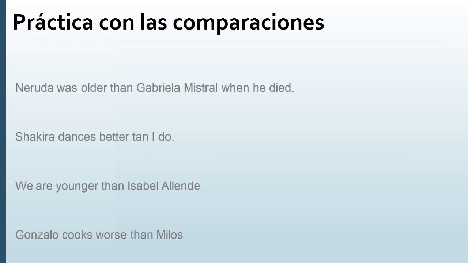So, Neruda era mayor que Gabriela Mistral cuando murió. Okay, so here you can see there is no más o menos. We just use this adjective, and then we use que. Go ahead, pause the video, complete these exercises, and then press play to check your responses.